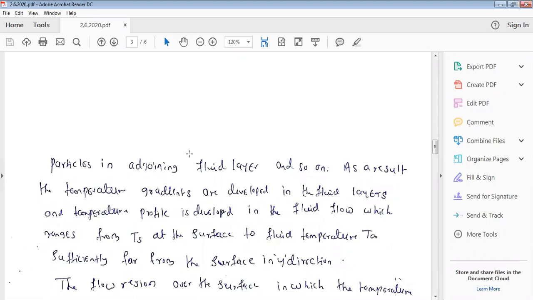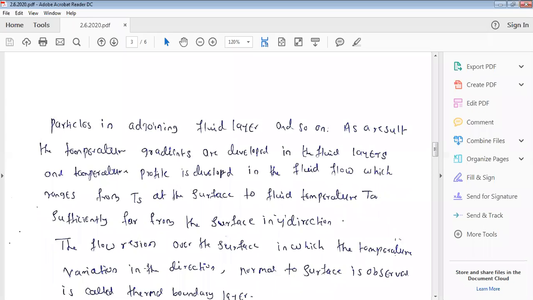The flow region over a surface in which temperature variation in the direction normal to the surface is observed is called a thermal boundary layer.